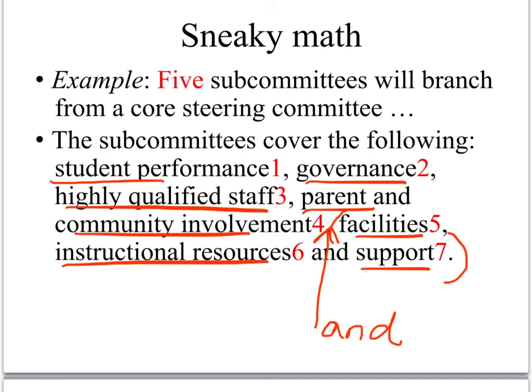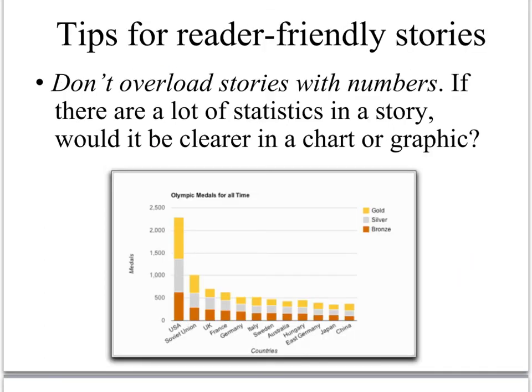All right, a couple ways to make stories a little bit more readerly. You don't want to overload a story with numbers. If you have too many numbers in text, people's eyes kind of glaze over. They don't like seeing all those numbers in text. Is there a way to make it clearer in some sort of a chart or a graphic?